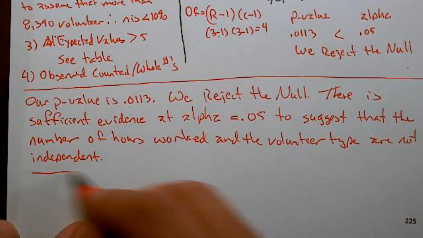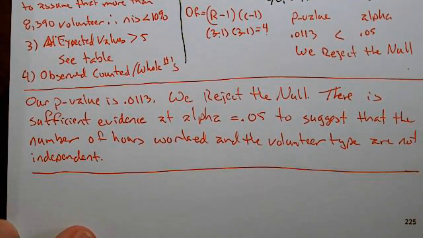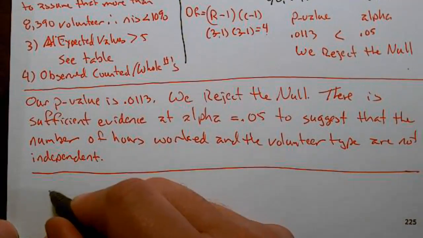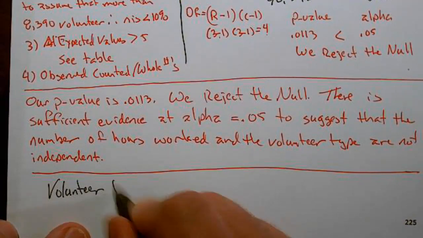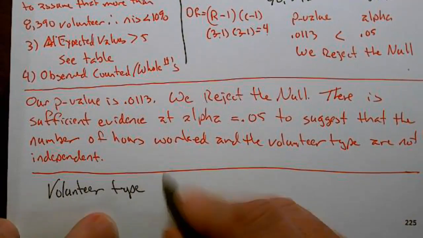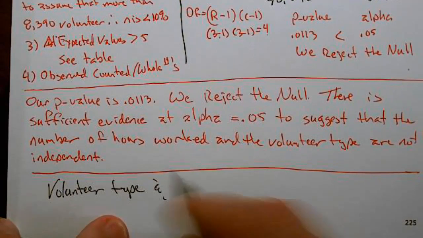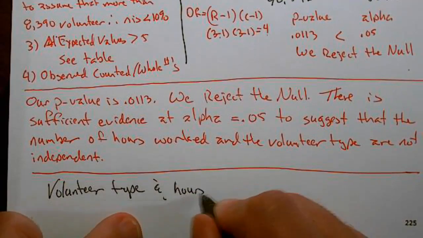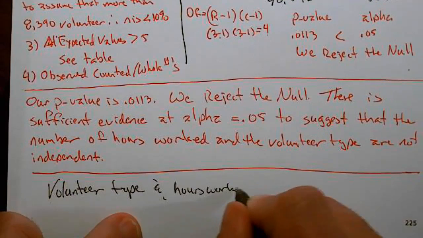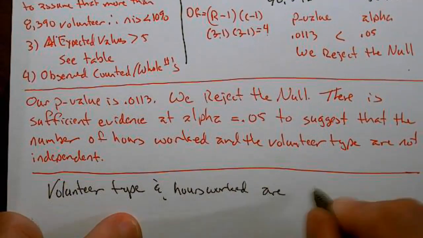So, simplified, volunteer type and hours worked are associated.